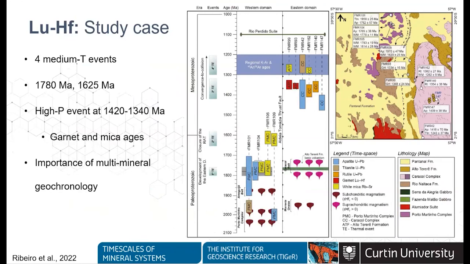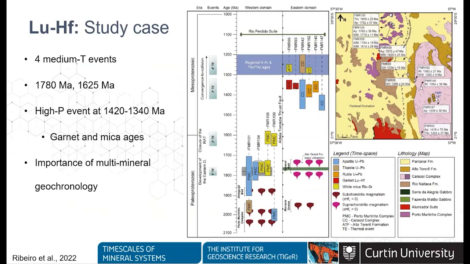So it's just the juxtaposition of the western and eastern margin. And then using the garnet modeling and the garnet geochronology, we figured that we had a high pressure event at 1420 to 1340. And this correlates with the regional tectonics of the southwestern Amazonian Craton.